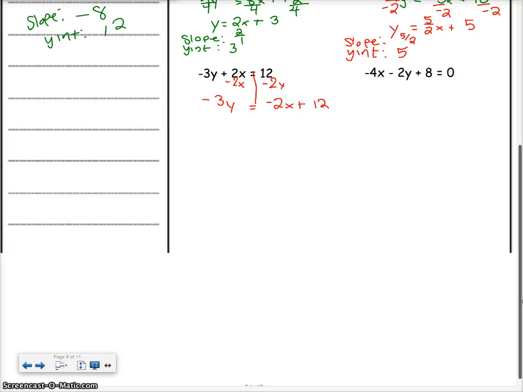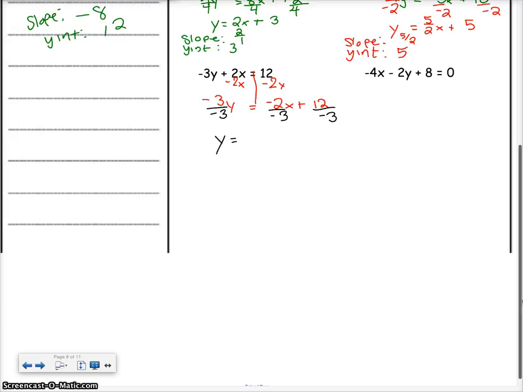And then I'm going to divide by the coefficient of y. Coefficient is the number in front, remember. So divide by negative 3. Be careful with your signs. This is when I usually always make sure to plus a negative to see what's going on with my signs.